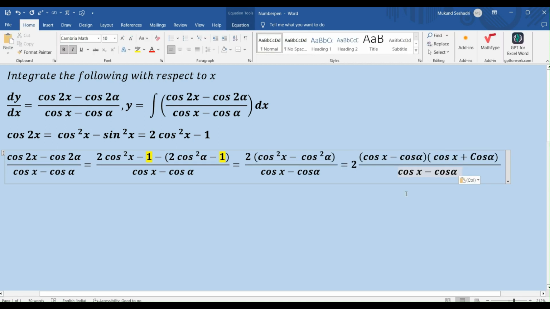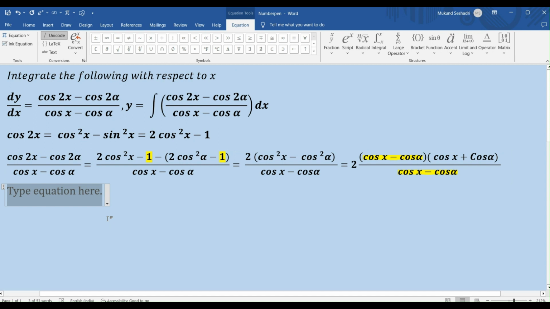And now I know that I can cancel out cos x minus cos alpha, which I'm referring to in the denominator, with what I have in the numerator. I'm again highlighting it in yellow. So there we are. This becomes a lot simpler. So dy by dx, we have simplified it to 2 times cos x plus cos alpha, right?